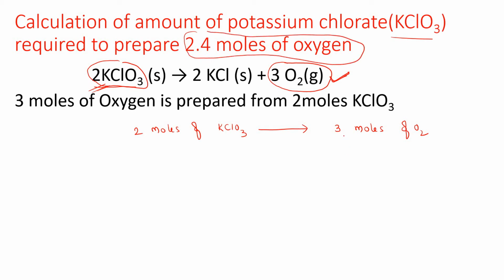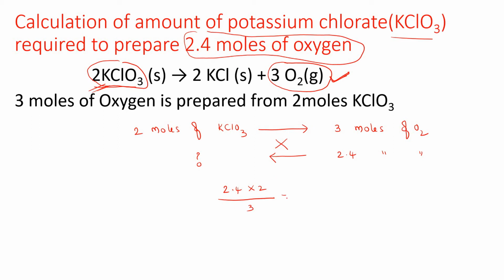To get 3 moles requires 2 moles of KClO3, but I need 2.4 moles of oxygen. For that, how much KClO3 is required? Again cross multiplication: 2.4 into 2 divided by 3.